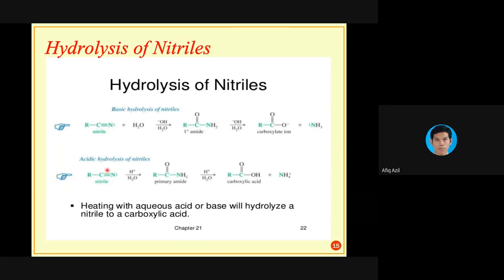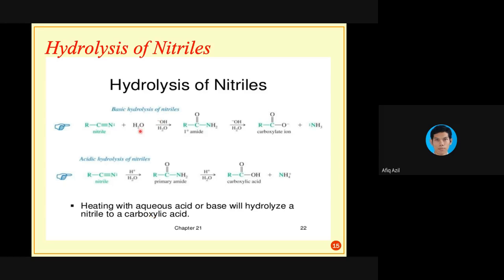what you call this is also another example, acidic hydrolysis of nitrile. Okay, you have nitrile, it will become primary amide, the same. Okay, and then this one also will produce carboxylic acid. Okay, so heating with aqueous acid or base will hydrolyze nitrile to a carboxylic acid.